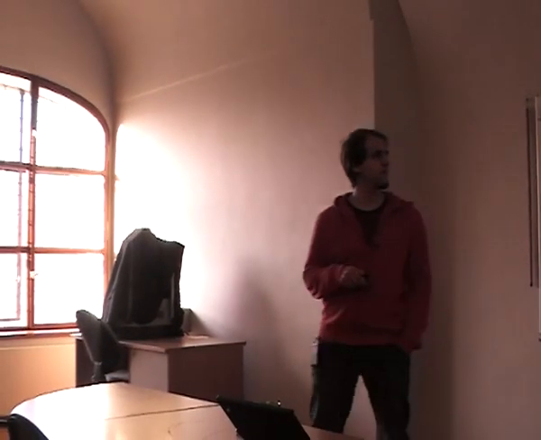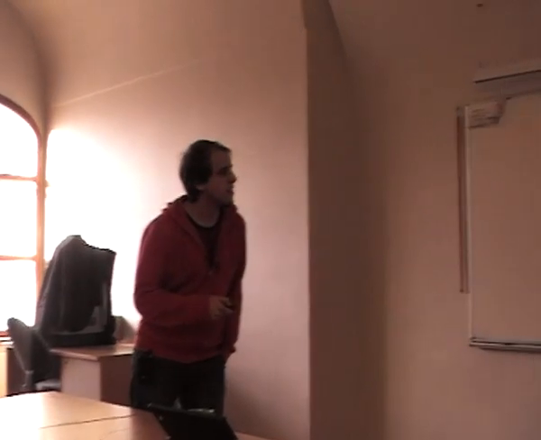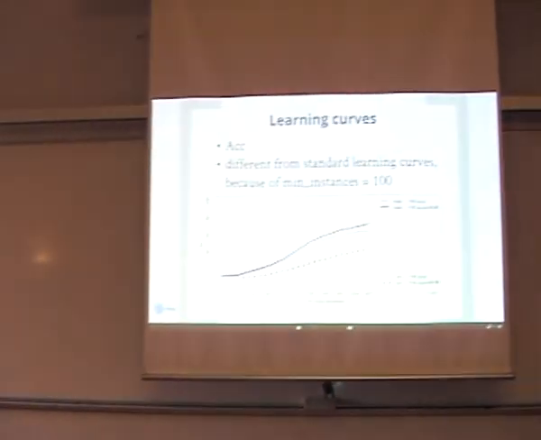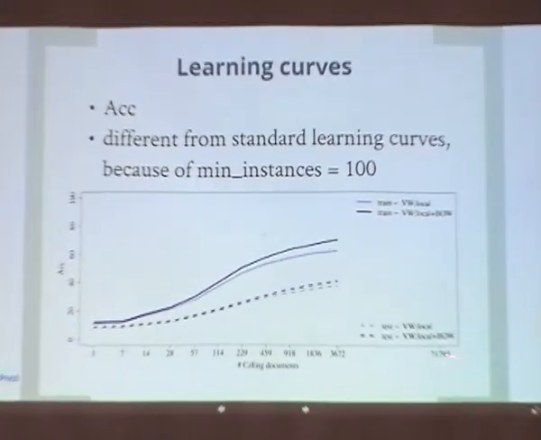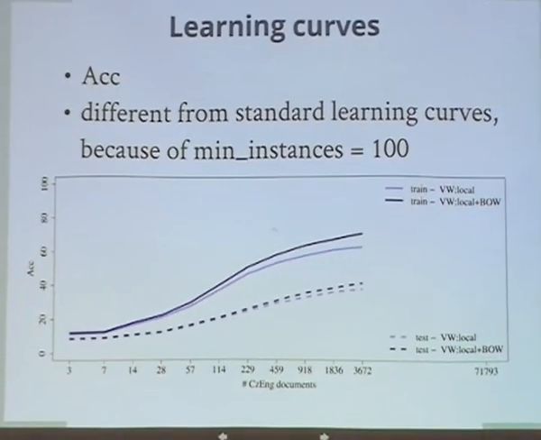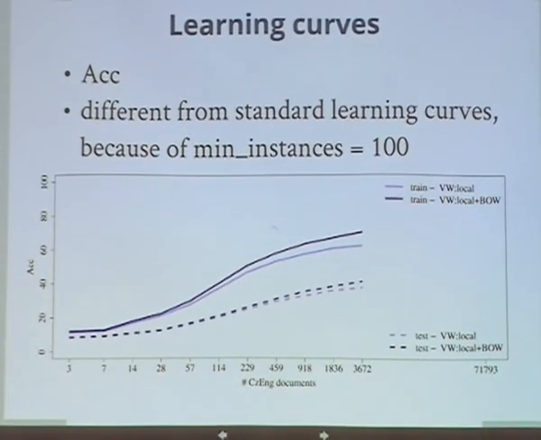And finally, learning curves. It's measured with accuracy. So here is the number of Czech documents. The total number of documents is 71,000. And the blocks are like 10 or 15 sentences.